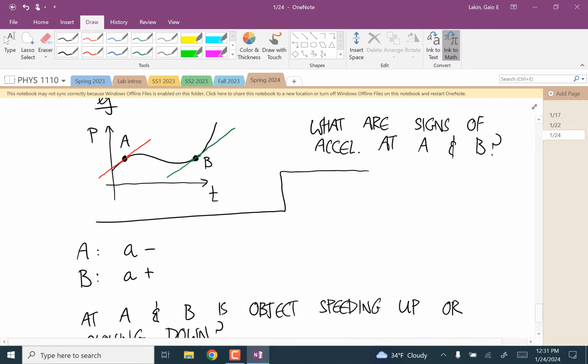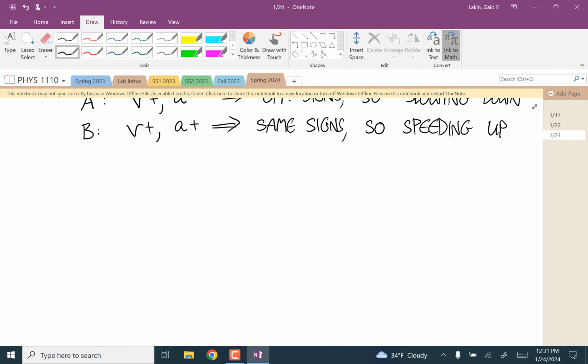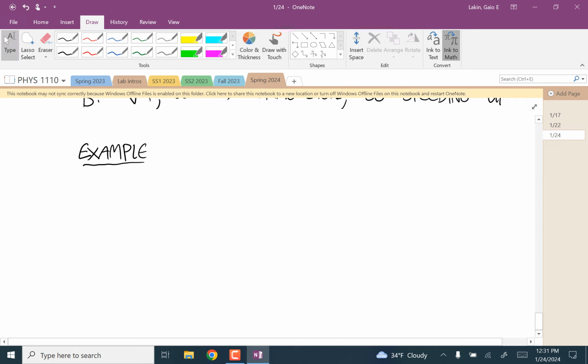Okay, so let's do another example sort of similar to the one we did with velocity. And let's say the position versus time graph looks like this, and this is the point that we care about.